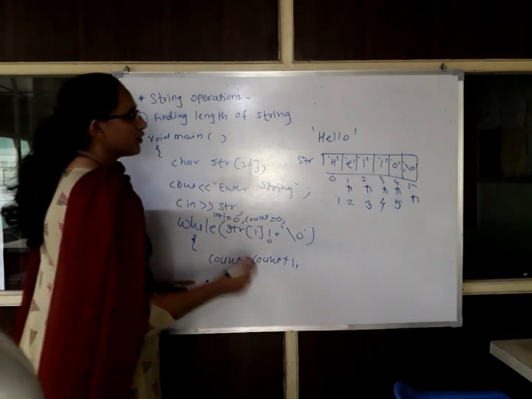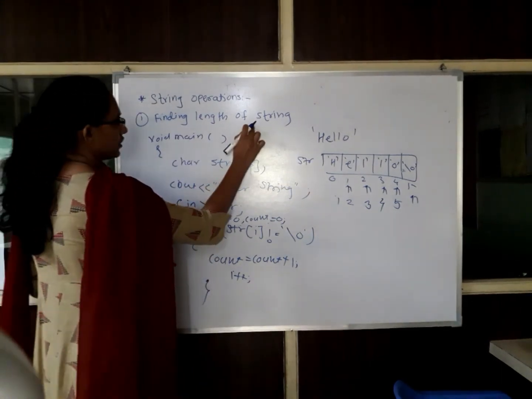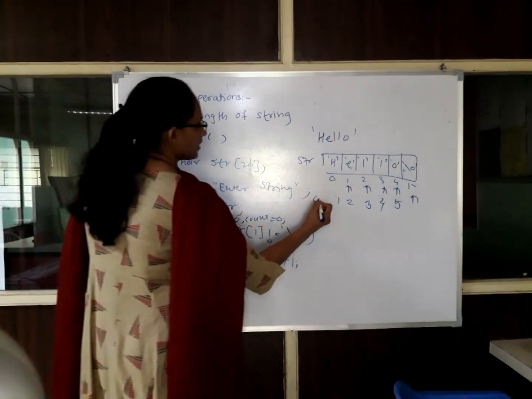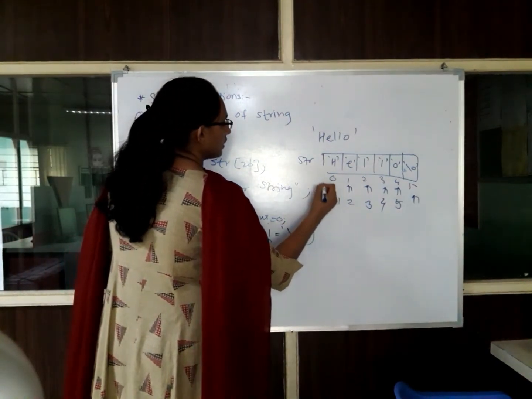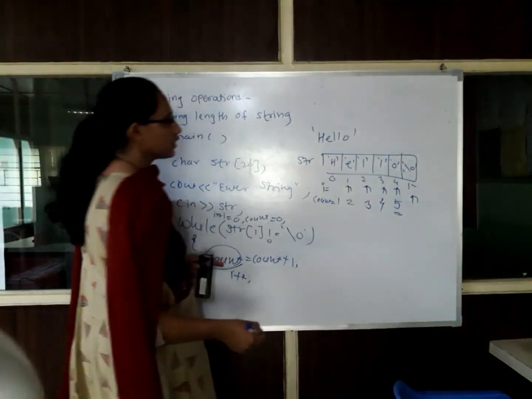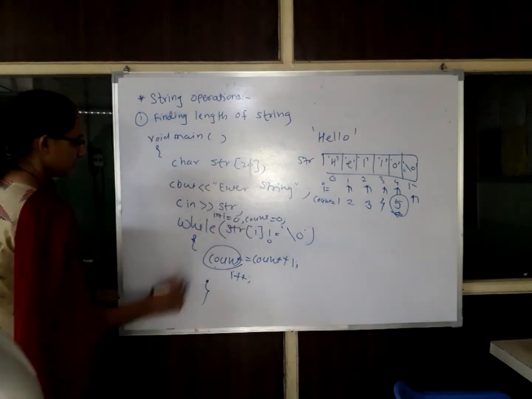And what do we have to do now? We have to print the length of the string. So what is the length of the string? That is in count. This is your count and this is your I. What is stored in count? In count 5 gets stored. So we have to just print that.